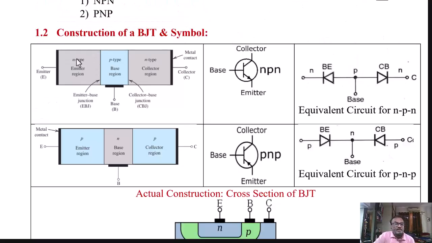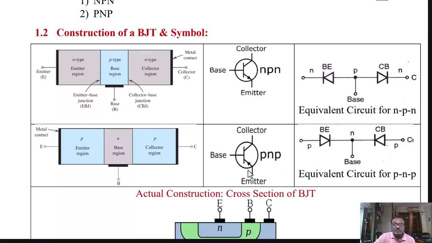In an NPN transistor, the majority charge carriers are electrons and minority charge carriers are holes. Whereas in PNP devices, the majority charge carriers are holes and minority charge carriers are electrons.